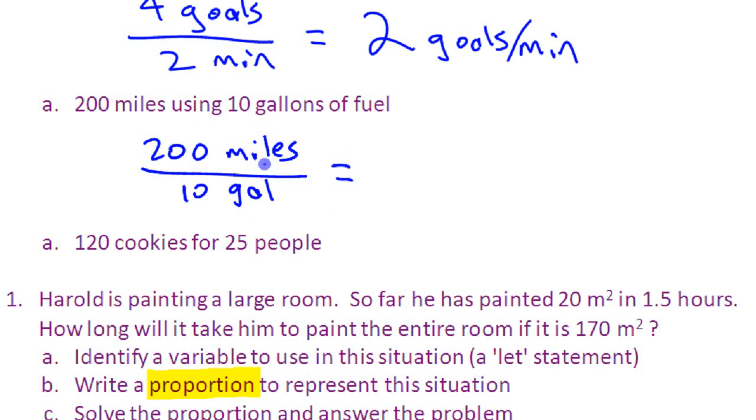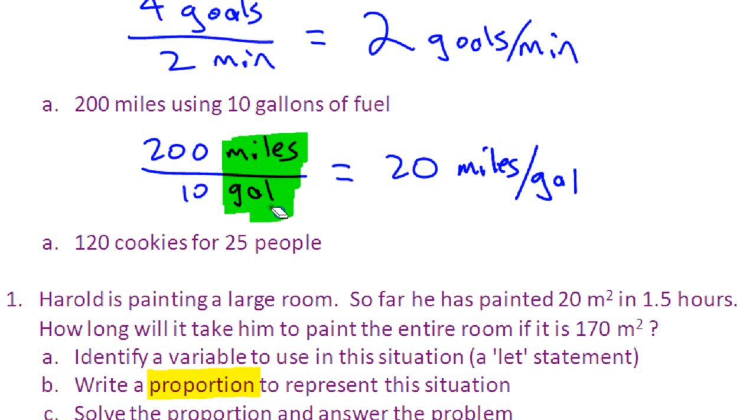Okay, that's a rate. It's not a unit rate yet until you divide it. 200 divided by 10 gives you 20. What would the units be? Miles per gallon, because those are the 2 things you're dividing, right? Whatever 2 things you're dividing, that's what your units are. You talk about miles per gallon or goals per minute.